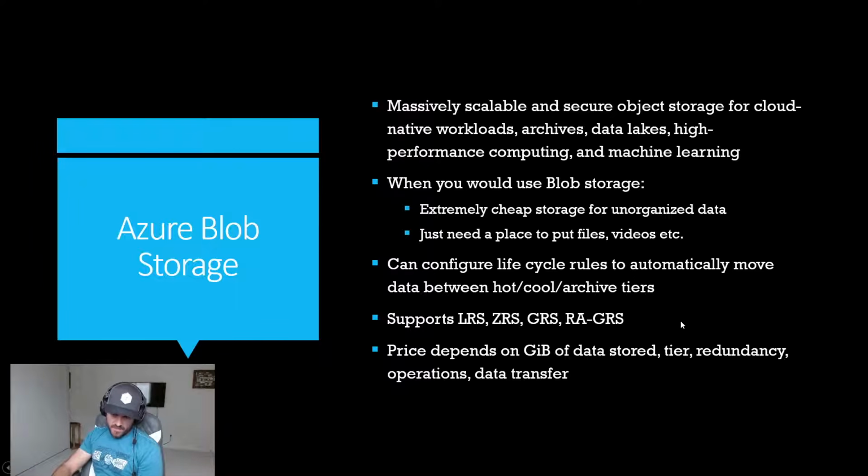Hot, cool, archive. What sort of redundancy, what sort of operations you're doing on your data. Are you transferring data out? Generally, that costs something. Generally, transferring data in is free because they want your data, they want to hold on to it and have you pay them to store it. But there's all sorts of factors that you can play around with to affect the price of your blob storage.